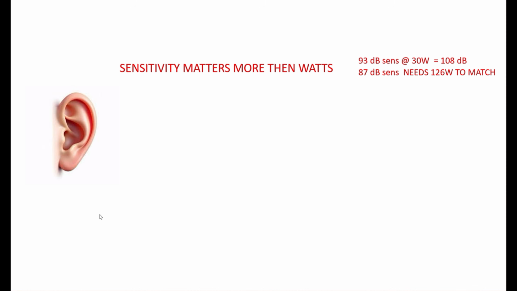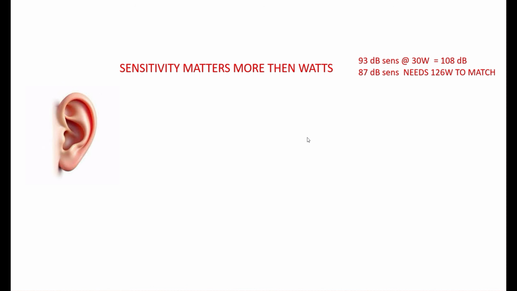And the reason for that is, as we just said, a 93 decibel sensitive speaker with 30 watts will produce 108 decibels. If your sensitivity of your speaker is 87, you need 126 watts of power just to match that 108 dB, right? So it's not a big difference in sensitivity, but you need to put a lot more power in to get the same output.